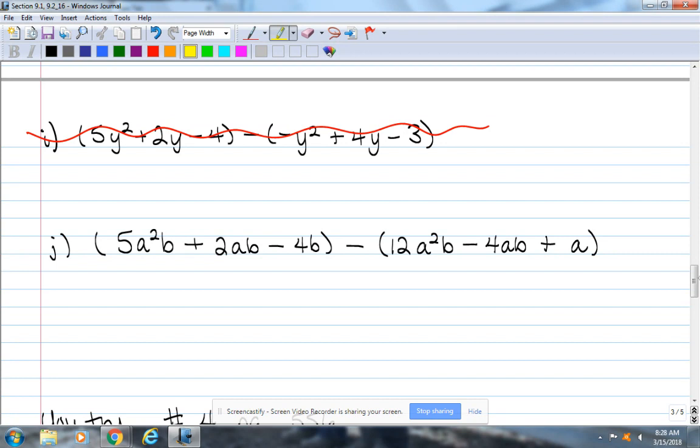So is this an adding or subtracting problem? Subtracting. And so what do we do first when it's a subtracting problem? Distribute -1 to the second parentheses. So what do we do with the first polynomial? Copy it.